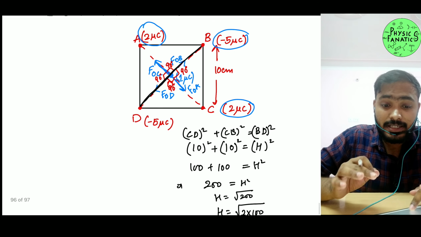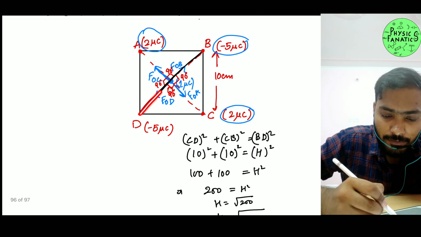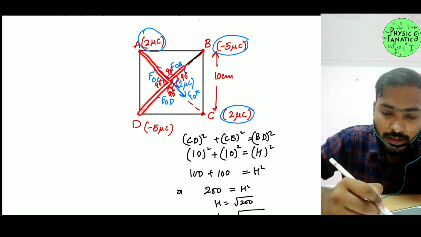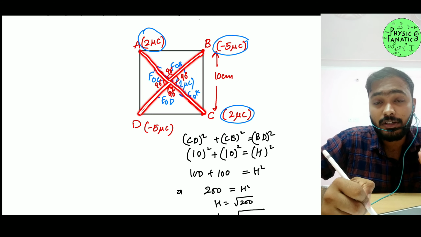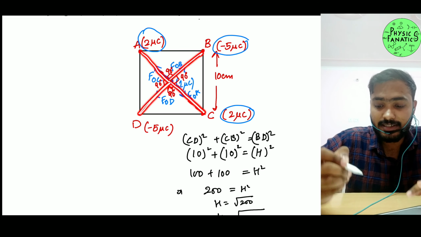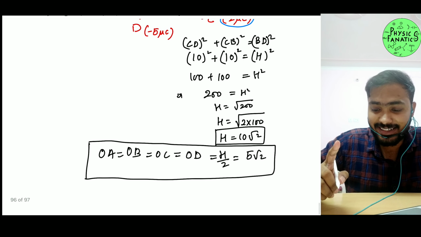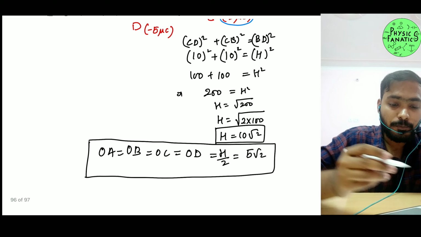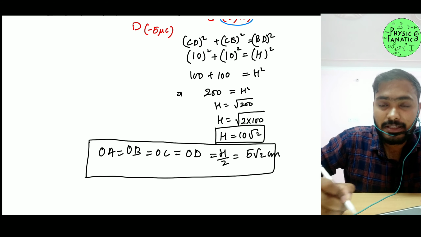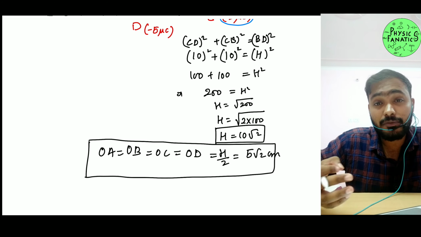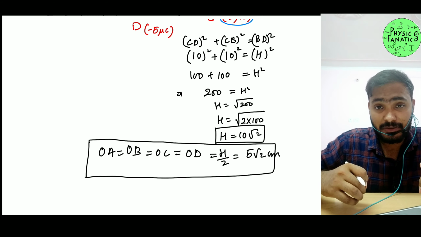That means you have found out the distance between these charges. So all you have to do is put the value of distance. Now one more important thing you have to understand: this 5 root 2 is in centimeter.